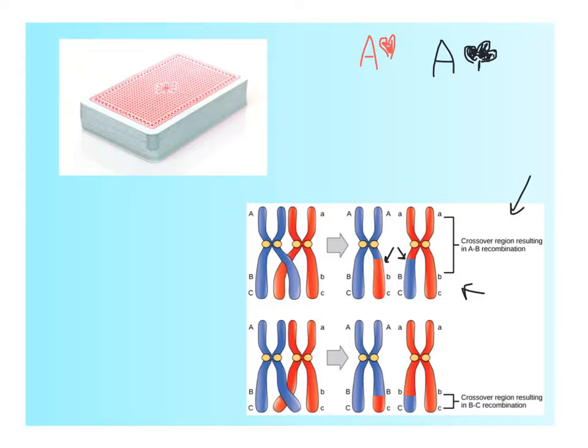The A, B, and C and all those represent different genes. Like the A is way up here, the B is here and the C is there. Well, geneticists can actually map genes by how often these letters or alleles get separated from each other during meiosis.